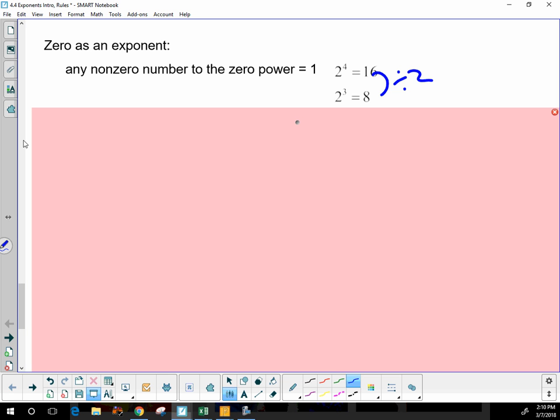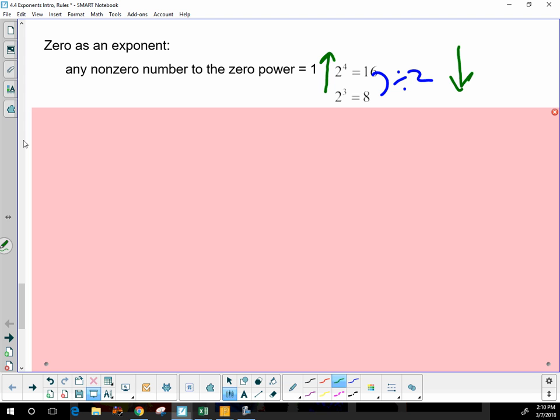And that's just like not multiplying by another 2. On our way up with exponents, we absolutely add another 2 and multiply. So on our way down, we take a 2 off because we're dividing.